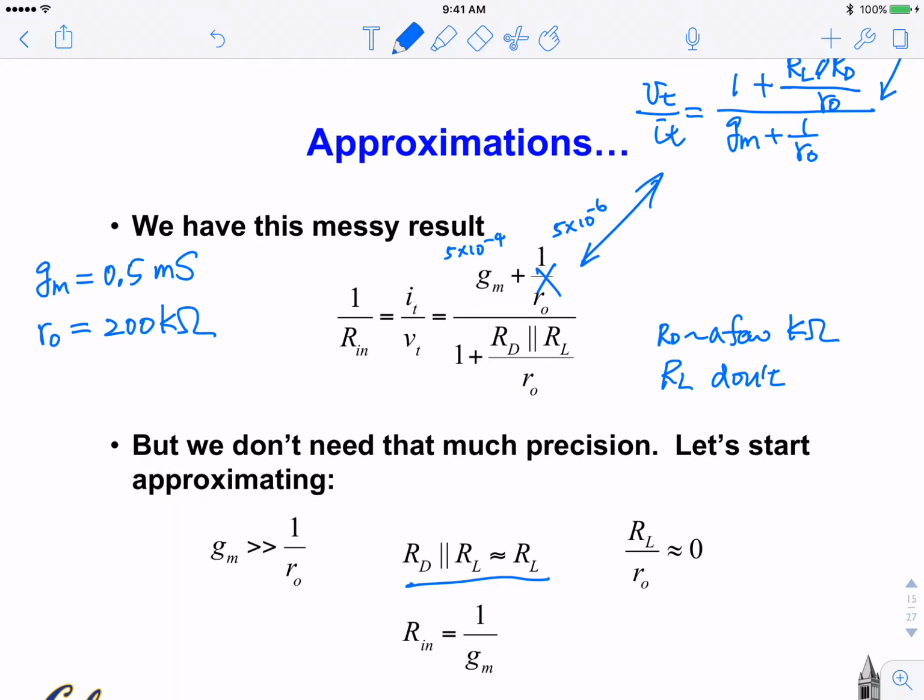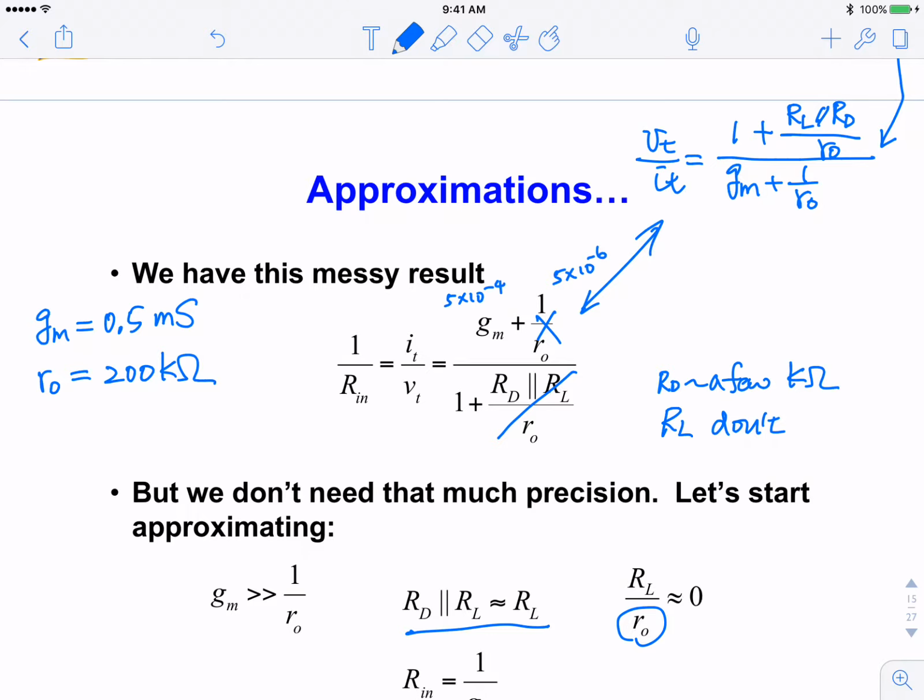But we do know R0 is large, and whatever their ratio to R0 is, it's likely also small. So you can also drop this term. You drop these two terms. If you look at this upper equation here, you get Rin equal to 1 over GM.